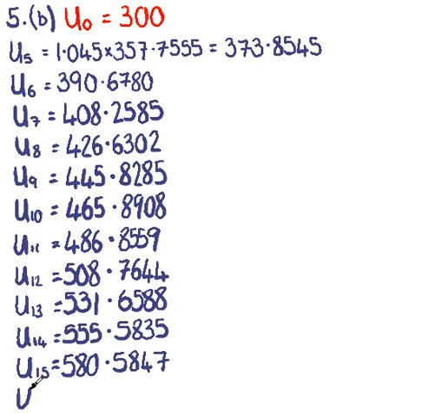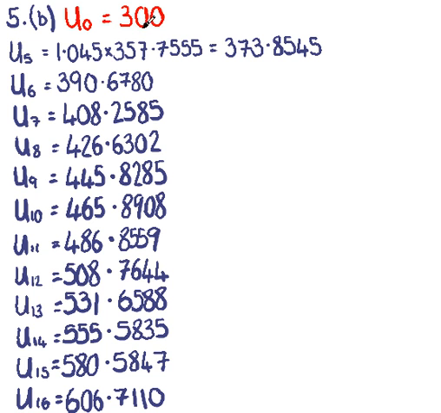U16, carrying out the same recurrence relation once again, gives us 606.7110. So the question was asking how long to double the investment.